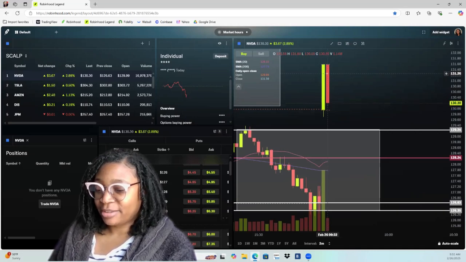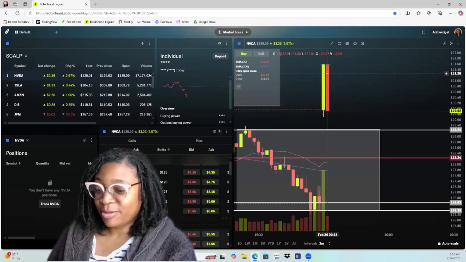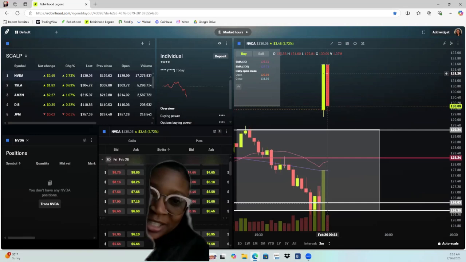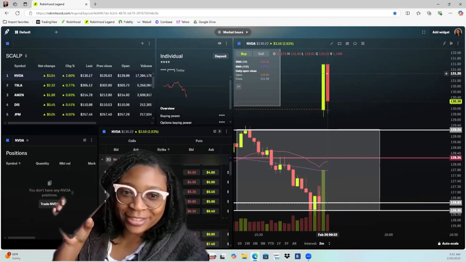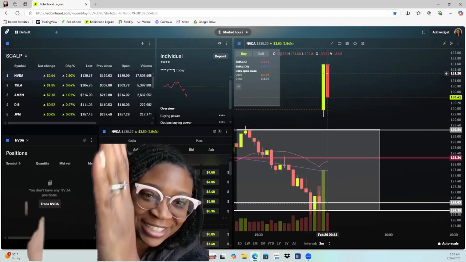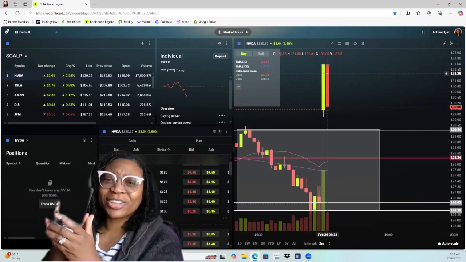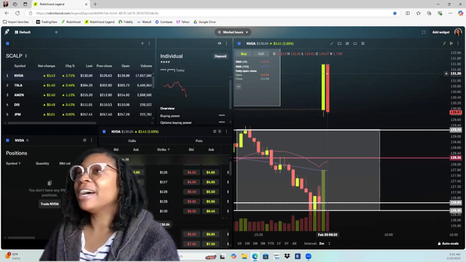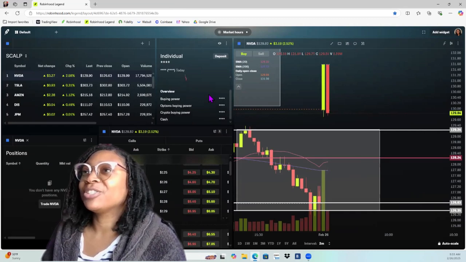Okay. So I want you to see that I am starting off with a $243 buying power. I don't think you can really see my phone. I don't know how to show you my phone, but I'm going to try to see if I can show you on here.